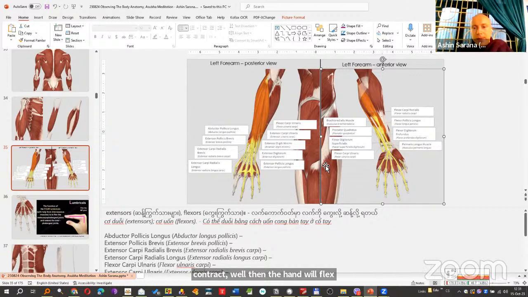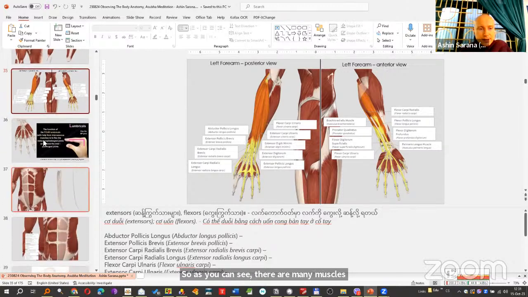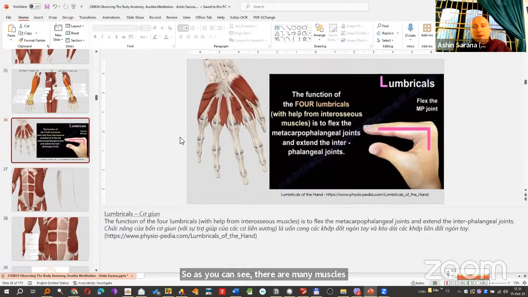So as you can see, there are many muscles that are needed for this process. There are further several muscles that are needed for movement of the fingers. But as you can see, we do not really have muscles at the tips of fingers. We have there, though, sinews. Sinews are all of these white things, okay?